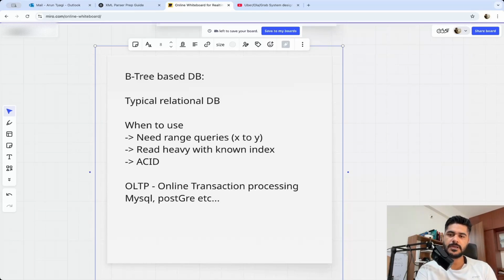Whenever we say OLTP, that is basically talking about your transactional DBs. Those are the generic category we are talking about. Wherever those transactional properties, ACID properties, are required, these are my DBs. Blindly, I'll choose those.